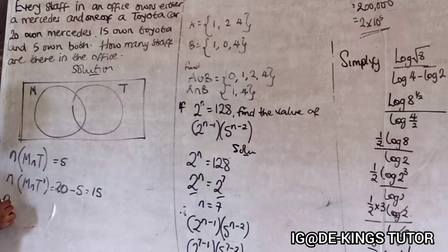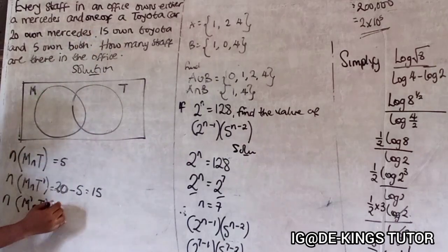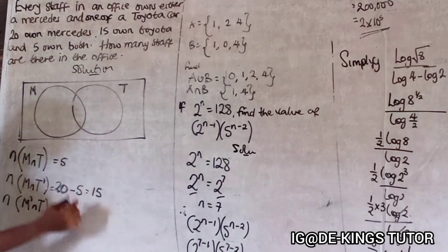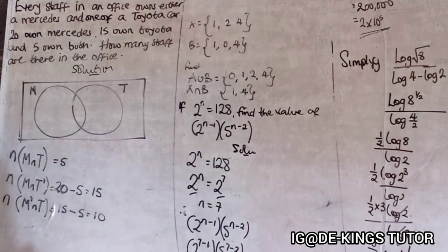Same thing, for what is contained in only Toyota, we have M complement, the number of Toyota only. The number of Toyota is 15 minus what they have in common, 5. 15 minus 5 is 10.